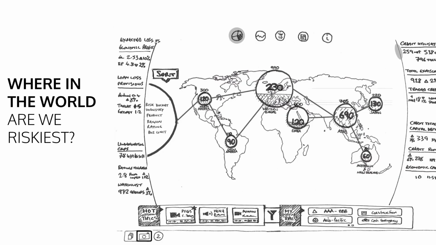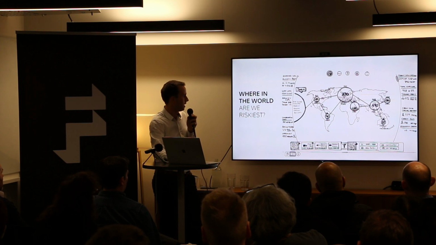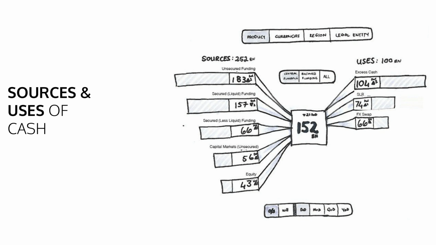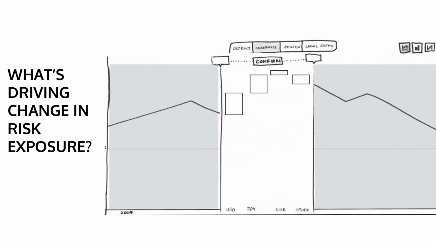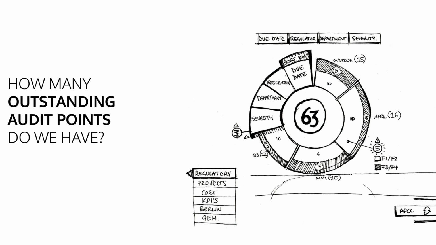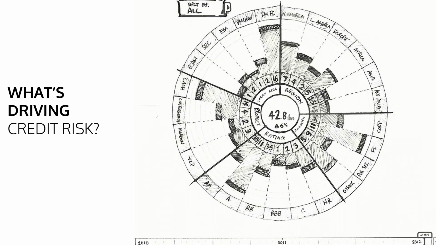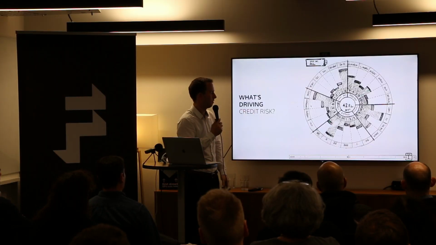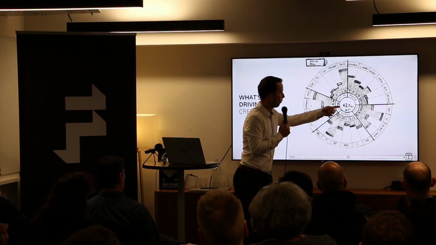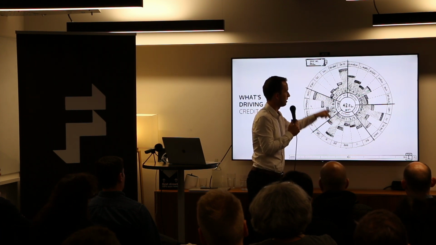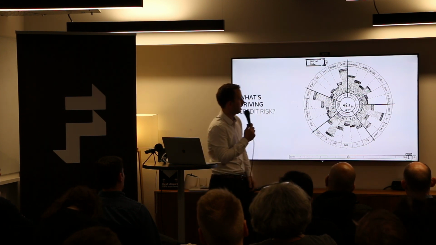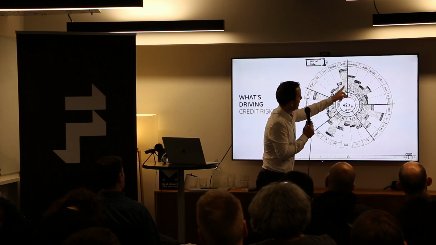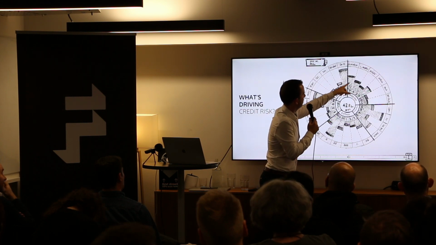Everyone loves looking at a map of the world, don't they? It was a great way of engaging people, and in this case, seeing where my risk lies across the globe. So take this one here, which I think is now a fairly established visualization, but at the time, this came from a blank piece of paper and lots and lots of brainstorms about how we could visualize one big number broken down into 5 different dimensions at the same time, so that I could see, okay, my risk is huge, 40 billion, and by region in the top right, it's mainly in North America.